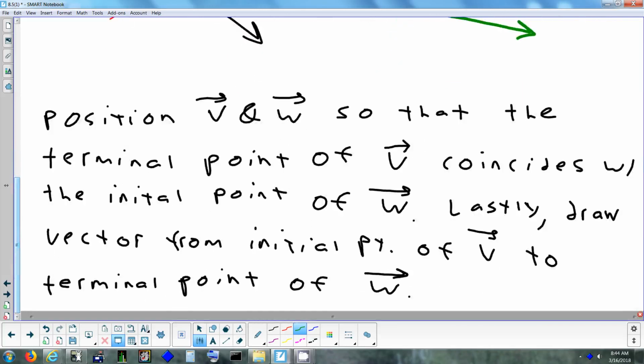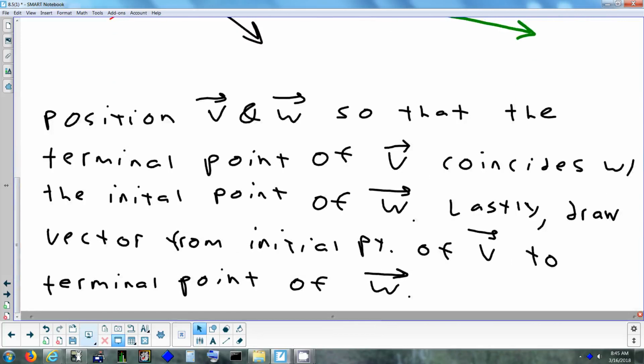If you draw it the wrong way, you're going to get the right length, but you're going to get the wrong direction. So you have to follow that last sentence exactly the way it says. Any questions on that idea?